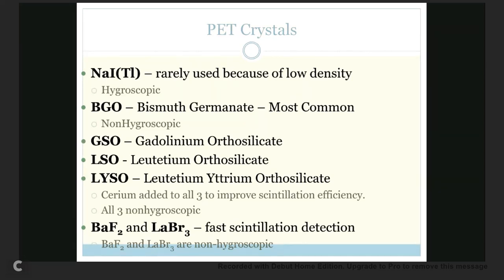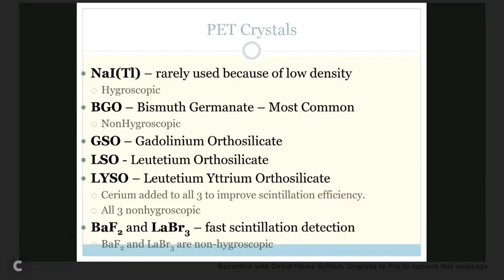Then you have your GSO, your LSO, your LYSO, and cerium is added to all three to improve scintillation efficiency, and all three are non-hygroscopic. So these three are non-hygroscopic, okay? And they have cerium added to them.